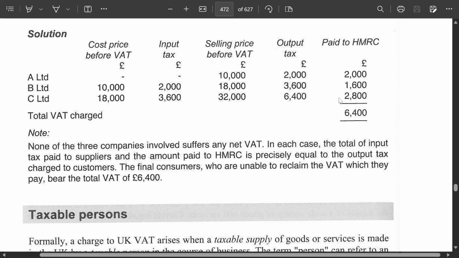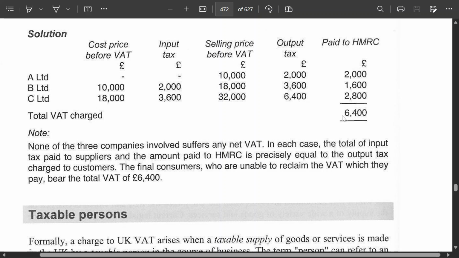No. C has to pay on the gross basis 6.4, but C wants to claim input tax credit for this amount that he had to pay to B. So C, being an intermediate consumer, can also claim input tax credit. So therefore, what will C pay to the government? 6.4 minus his input tax credit, which is 3.6. That number is 2.8, right?